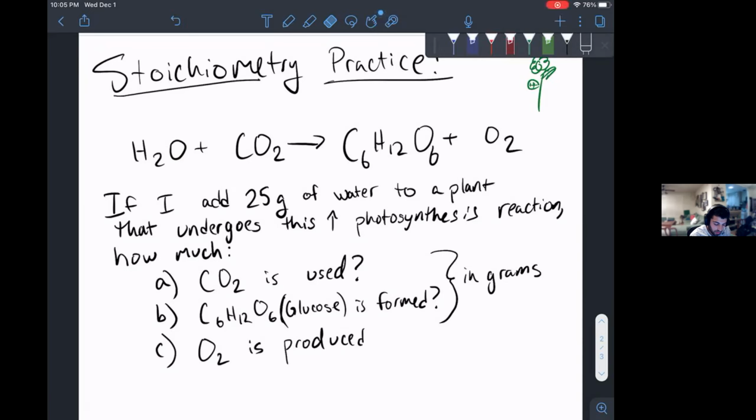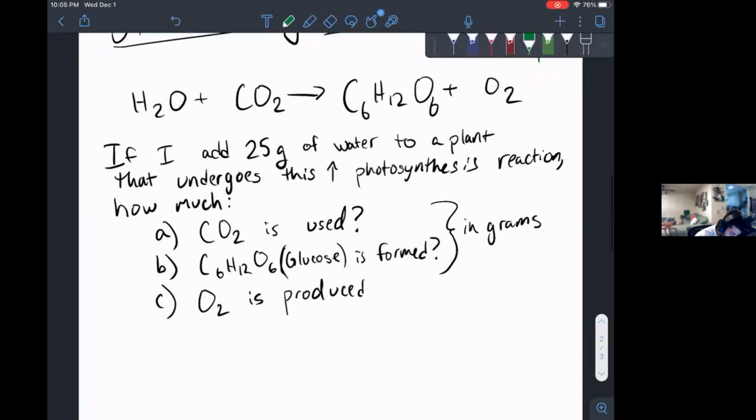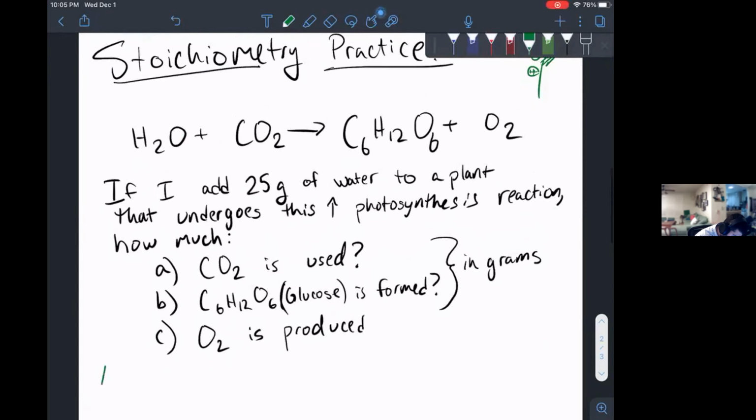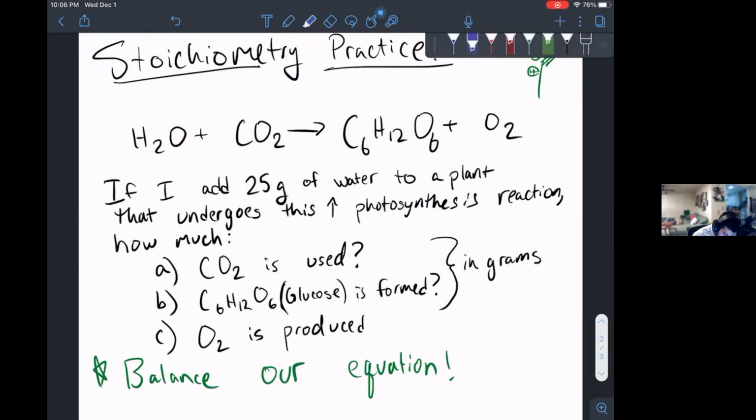But the first thing, the absolute first thing we need, and I'm going to star this, is to balance our equation. Balancing our equation is crucial to any stoichiometry problem because if we don't have a balanced chemical equation, then there is no way that we can convert from moles of one thing to moles of another.